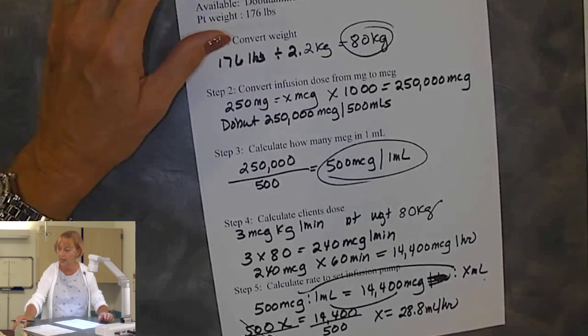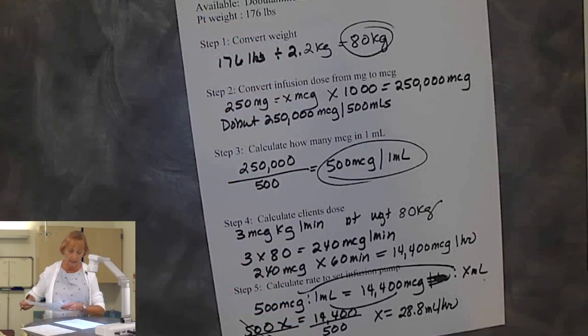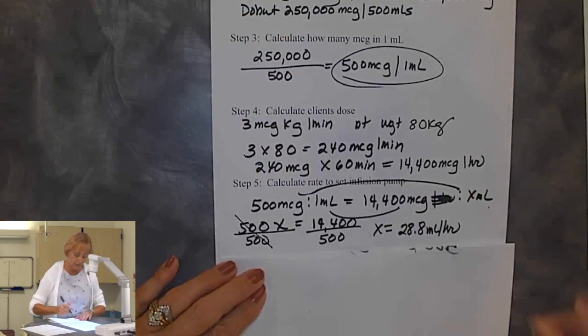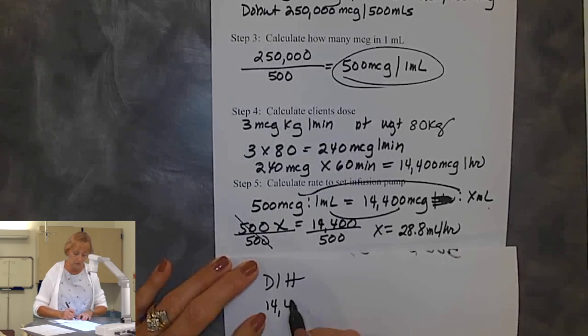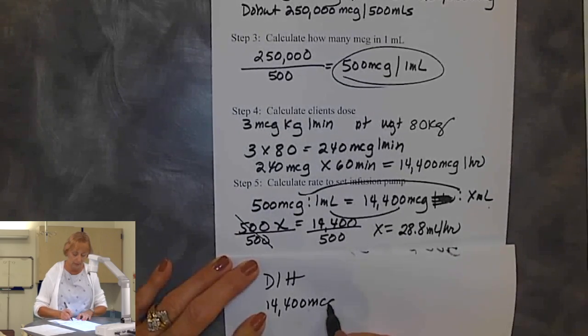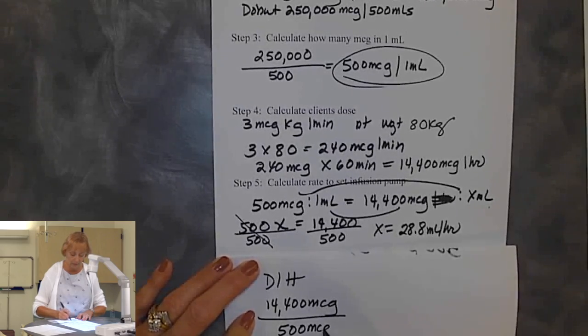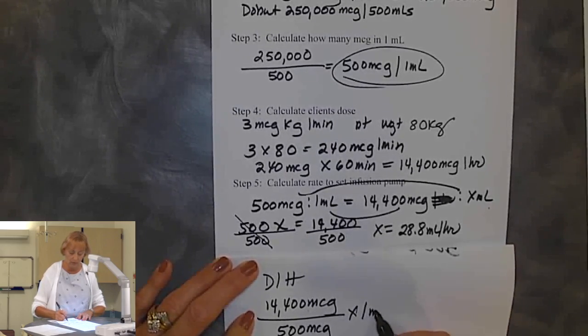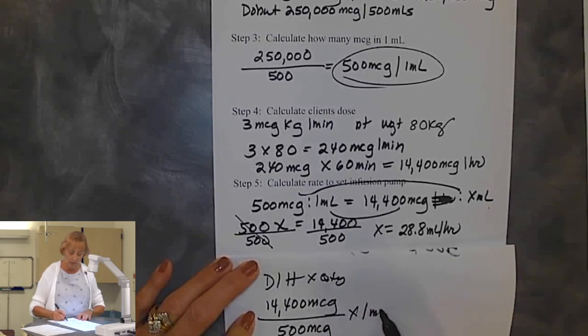Now just to make a quick note here, for those of you when you get down to this point, if you're doing desired over have, so you now know that you need 14,400 micrograms. You have 500 micrograms in 1 mL. Remember, it's desired over have times the quantity, 1 mL.